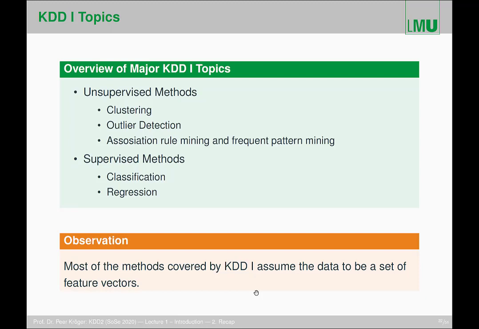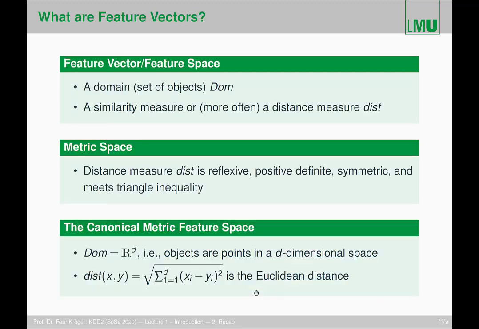And this has a very big advantage because we don't have to care too much about the representation, but can just concentrate on finding patterns. But of course, the question is, what if we don't have those feature vectors? Before we take care of that, we try to figure out what feature vectors actually are.